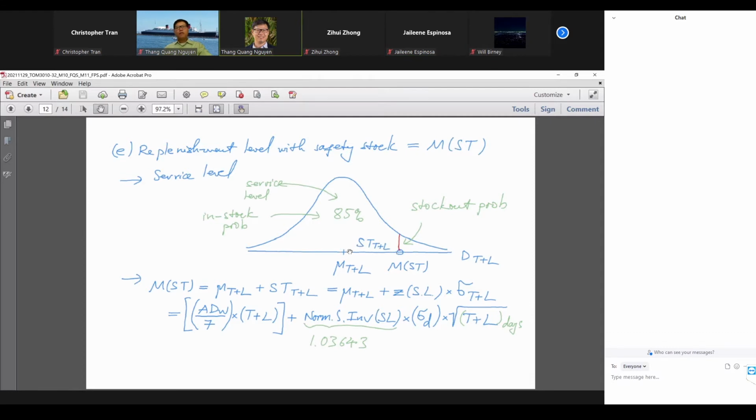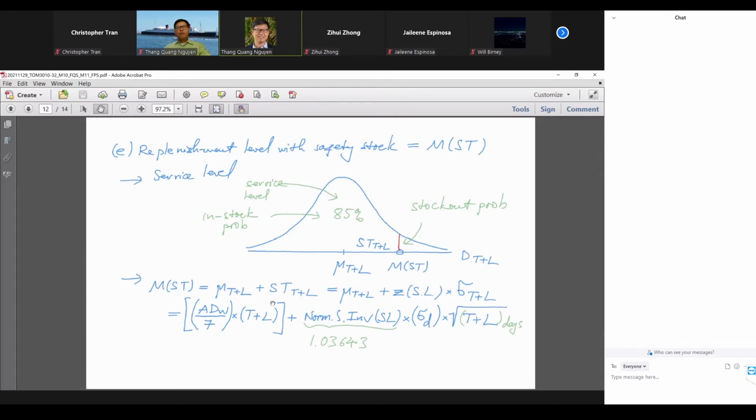We call that a safety stock, so that we can reach a higher inventory level so that we can sell more, we can serve more, right? So if we can climb up to that higher maximum level, then we're gonna have a higher service level, right? So we call this the maximum level with the safety stock, or MSD.